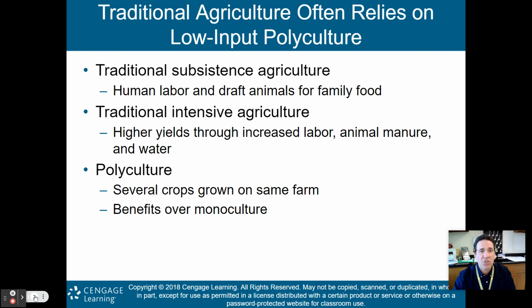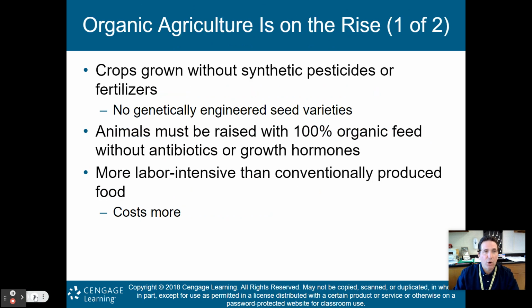So traditional subsistence agriculture, human labor and draft animals were used for family food. Traditional intensive agriculture is you have higher yields through increased labor, animal manure, and water. And then you have polyculture, again, several crops grown on the same farm. And again, it benefits your biodiversity over your monoculture.